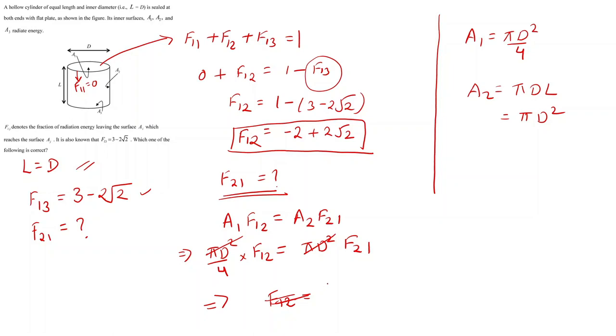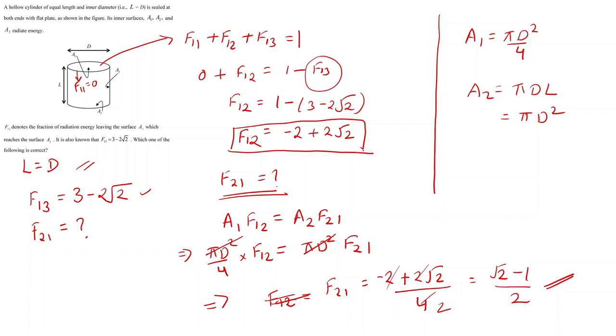We have to find F21, so F21 is equal to F12 upon 4, and F12 we will use from this equation, so it will be minus 2 plus 2 root 2 over 4. So you can simplify this as root 2 minus 1, 2 will cancel. So this is our final answer, root 2 minus 1 upon 2.